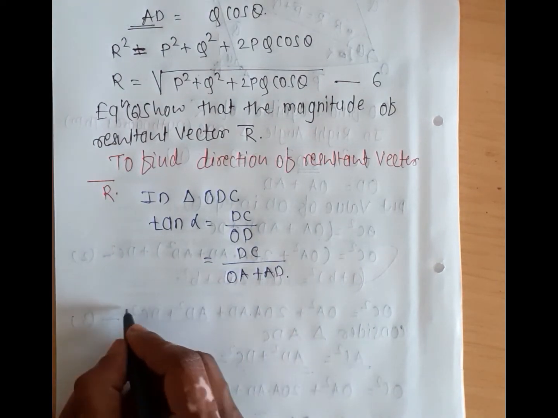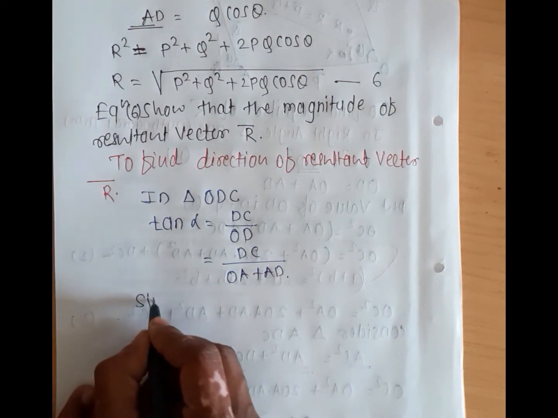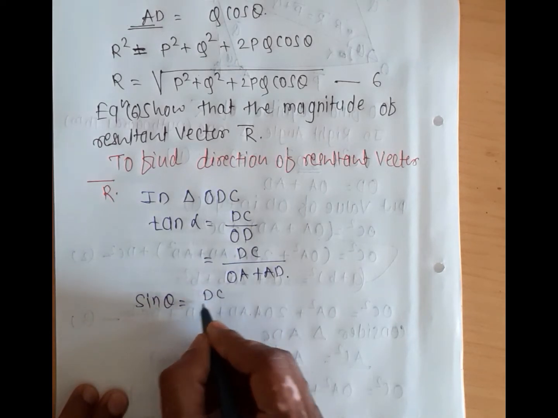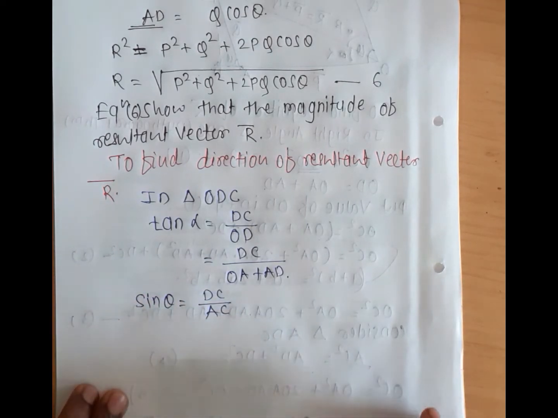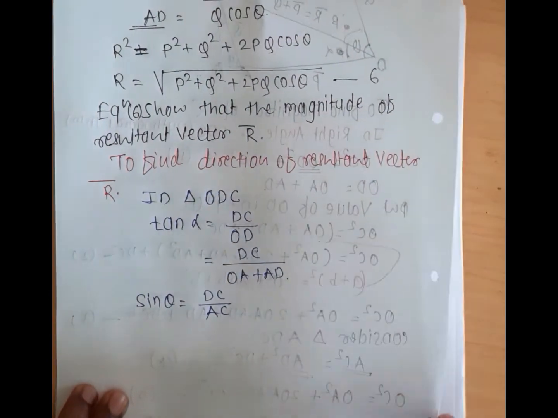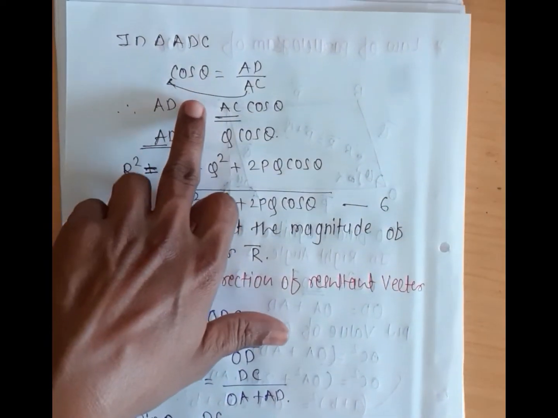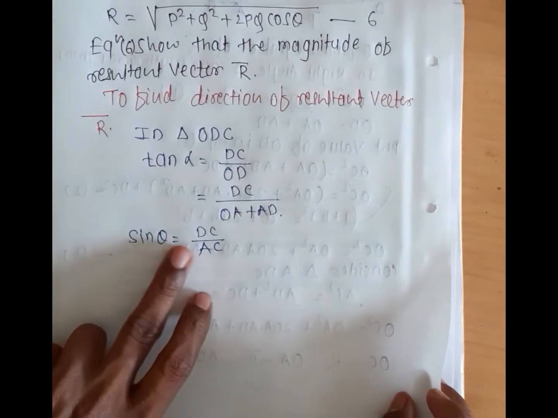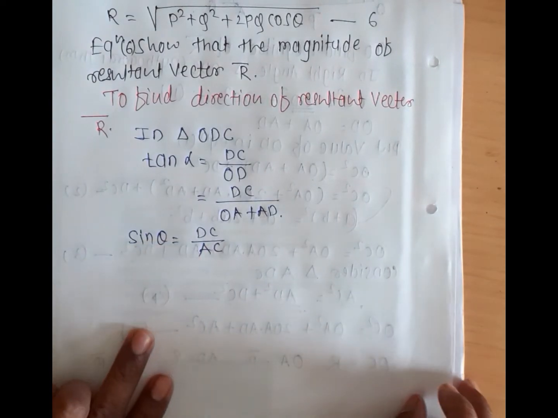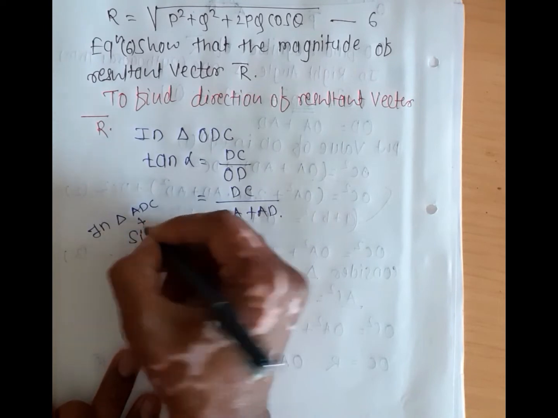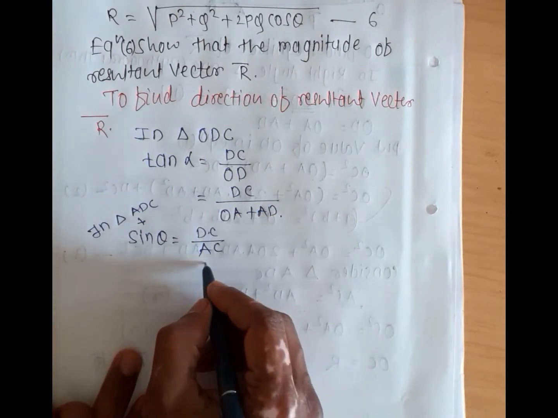From the same angle, sin theta is equal to DC upon AC, according to right angle triangle ADC. Using triangle ADC, we found cos theta, and similarly here we find sin theta.